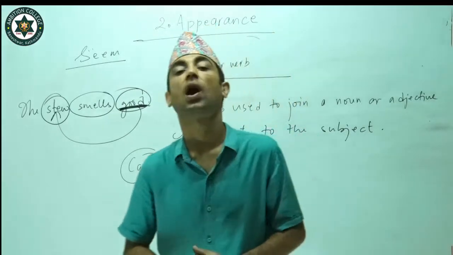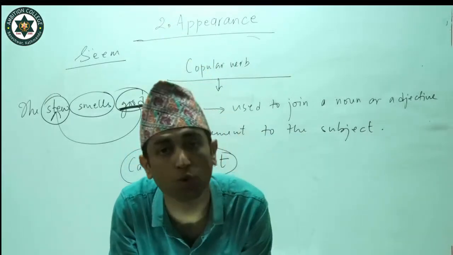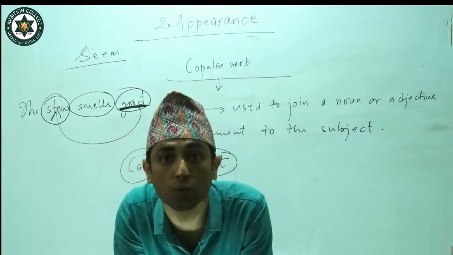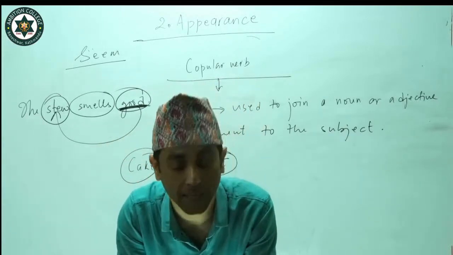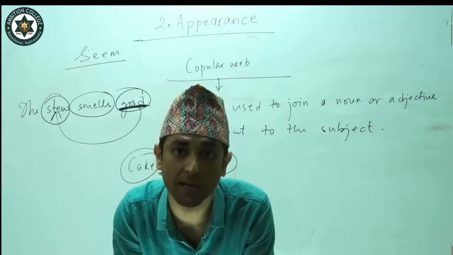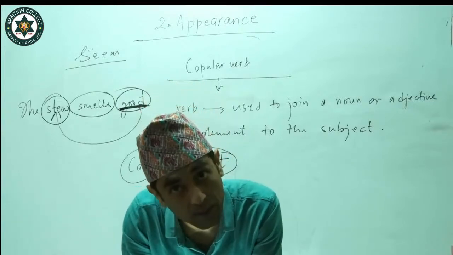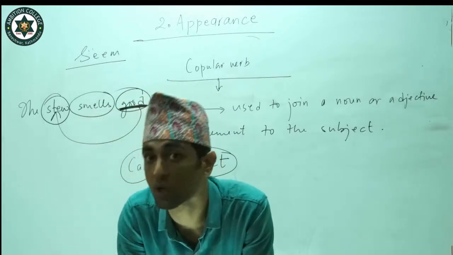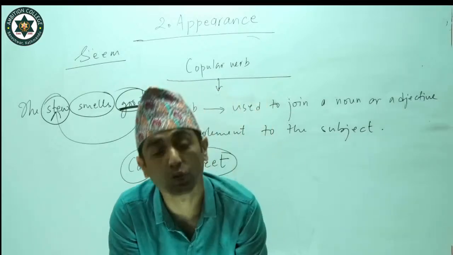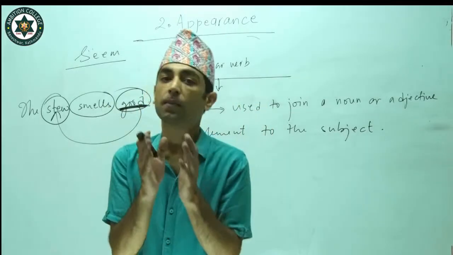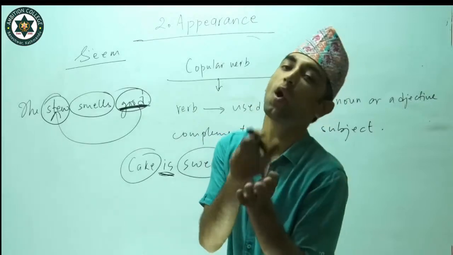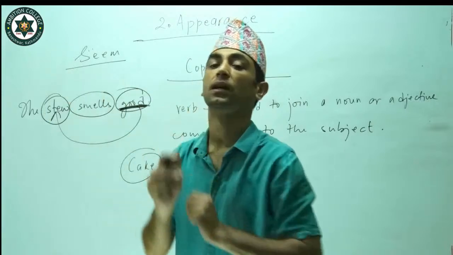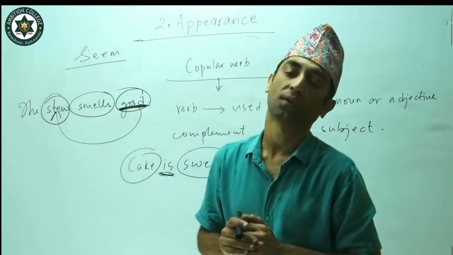Thus, these are verbs which are used to join the adjective or the noun complement to the subject. He seems to be lonely. Seems is joining the loneliness to the subject he. So whenever the verb comes joining the noun or adjective complement to the subject, we call it the copular verb.